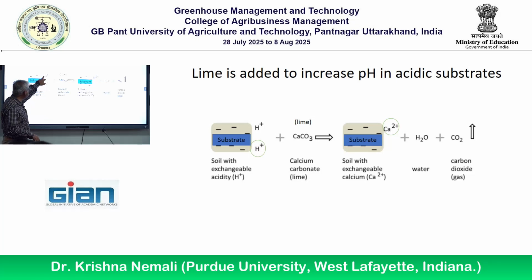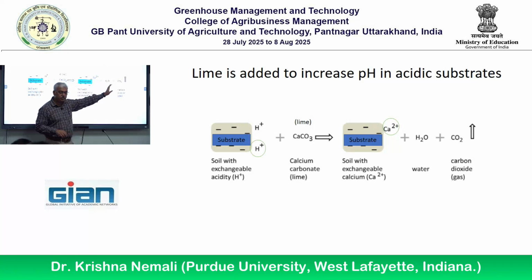What we need to do is get rid of that and replace those spots on the substrate with calcium, and that's what is happening here. And that H+ comes into water and carbon dioxide evaporates, so you end up with a substrate with more Ca2+, and that's how the pH goes up when you apply lime to the substrate. Okay, that's why pH goes up.